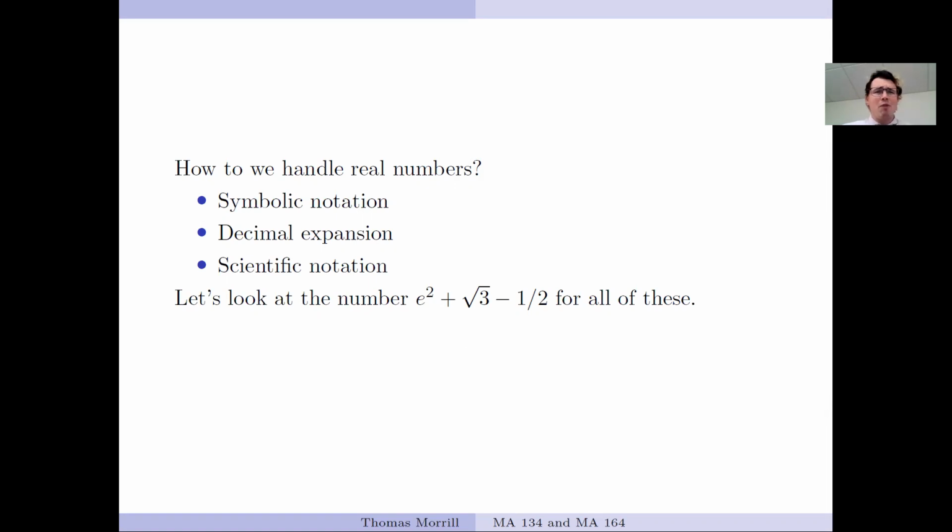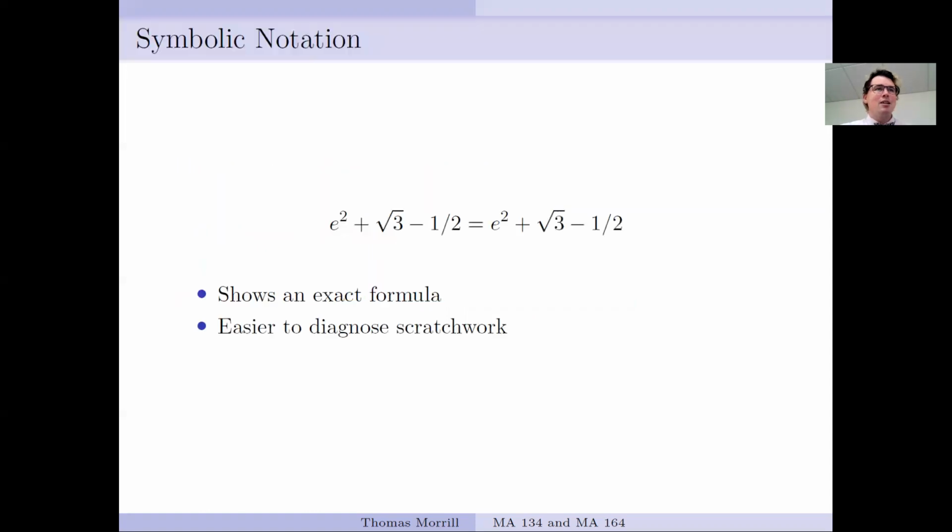And just as comparison, I want to focus on this particular number, and I've written it here as e squared plus the square root of 3 minus 1/2. So that might have already given away some of my opinions on this subject. So in symbolic notation, we are just writing the formula for the number.